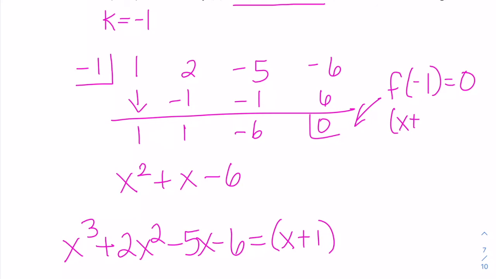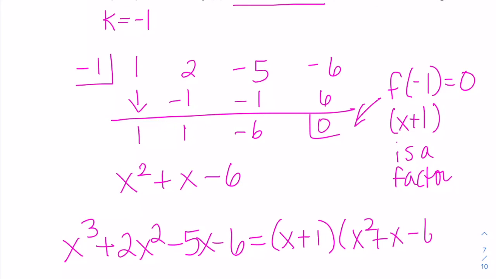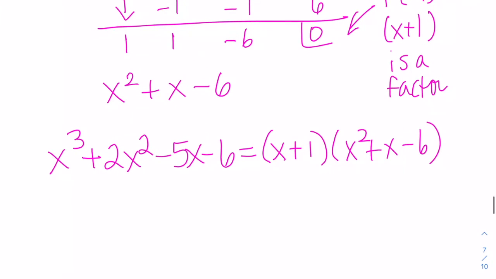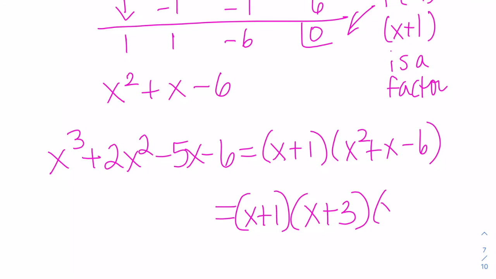So that's why x plus 1 is a factor. That's using the factor theorem. And then we have x squared plus x minus 6. Well, we can factor that so that we get x plus 3, x minus 2.